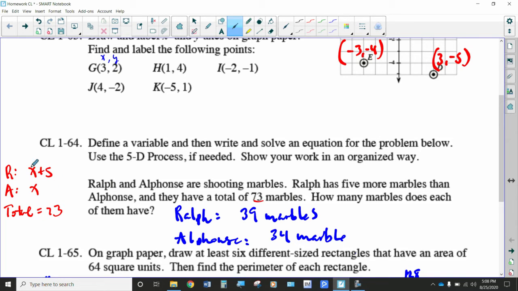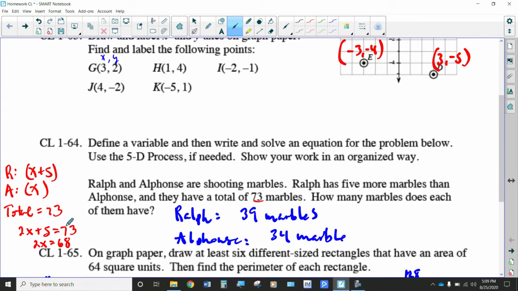So if I take X plus 5, which is Ralph's marbles, plus X, which is Alphonse's marbles, you get 2X plus 5 equals 73. So if 2X plus 5 equals 73, that means that the 2X's before we added on the 5 must have been 68, right?